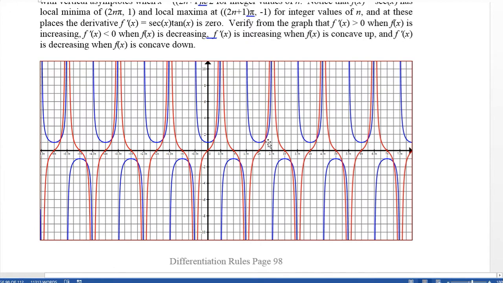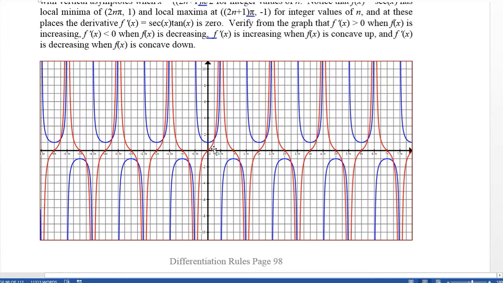Everywhere the original function is at a local minimum, which occurs, for example, at 0, 1, at 2 pi, 1, at 4 pi, 1, at even multiples of pi for x and y is 1, the derivative is going to touch or cross through the x-axis. Everywhere we have a local maximum, that's going to occur at odd multiples of pi for x, and of course y is negative 1. Everywhere we have those, the derivative is also 0. So the derivative actually crosses the x-axis at every multiple of pi.